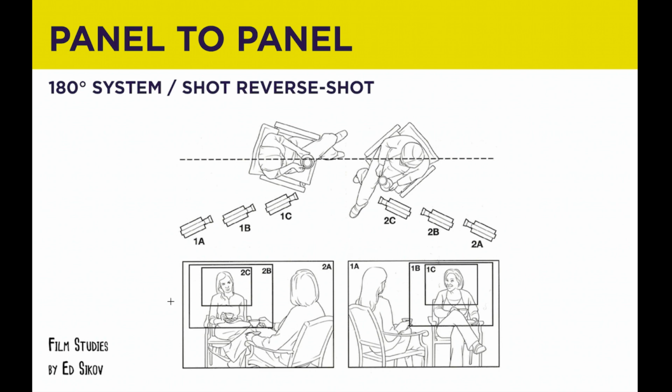So you can see on the bottom here, character A is always shown on the left side of the frame, facing to the right, and character B is shown on the right side of the frame, always facing the left. Even when we zoom in closer, they're still in the right corner and the left corner, facing the correct direction, so that even when we can't see the other character in frame, we still get the sense that they're facing towards them and facing the correct direction.